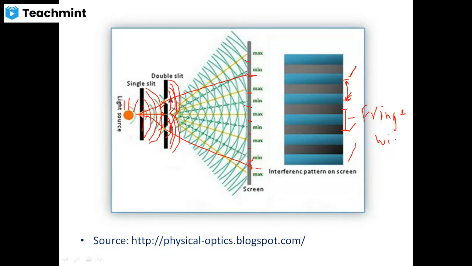It is the distance between two consecutive dark or bright fringes, denoted by the symbol beta. Now we are going to obtain a mathematical expression for fringe width, right? So that is the topic of our discussion today. So we'll try to obtain it.